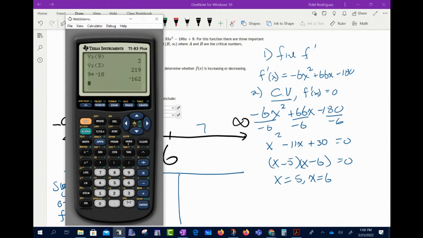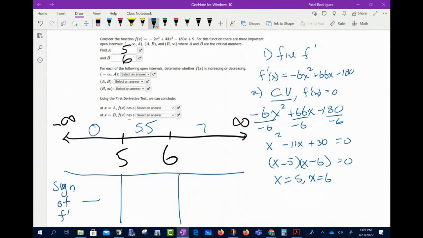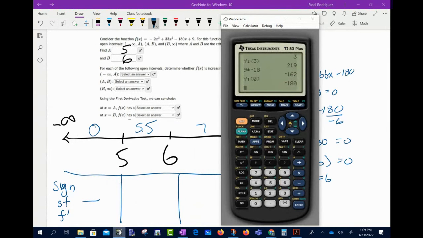And I'm going to evaluate the derivative at each of those values, right? So the first value we said was 0, okay? And at 0, the sign of the derivative is what? Negative. Good. We're going to do the same thing as we go along, y'all. We're now going to evaluate the derivative at 5.5.